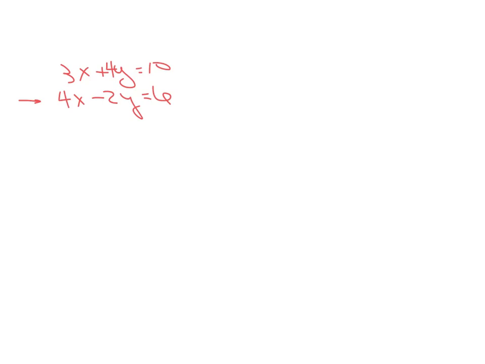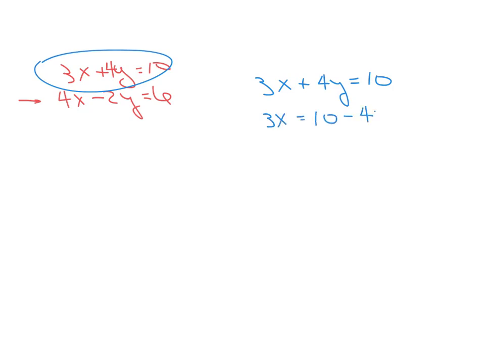So I'm just going to take the top problem and I am going to solve it for x. Okay, so that gives me 3x equals 10 minus 4y. Going to divide by 3, and that gives me x equals 10 minus 4y over 3.